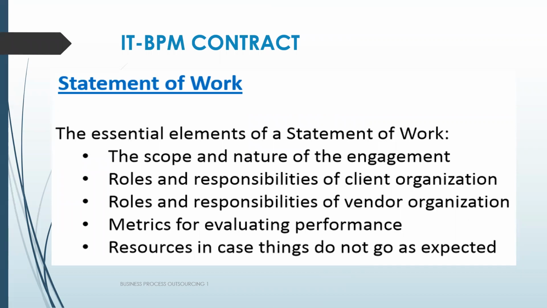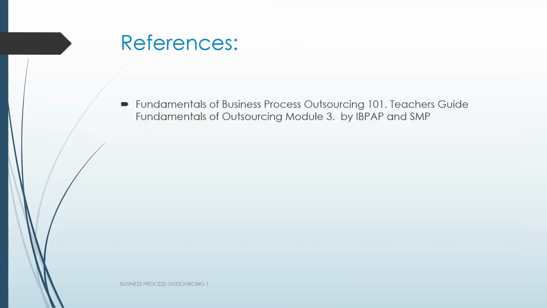So let's just say the plan B, or the other things that you need to do in case it doesn't go as expected, or there are fortuitous events, natural disasters or calamities that may hinder a service provider from doing what they need to do.